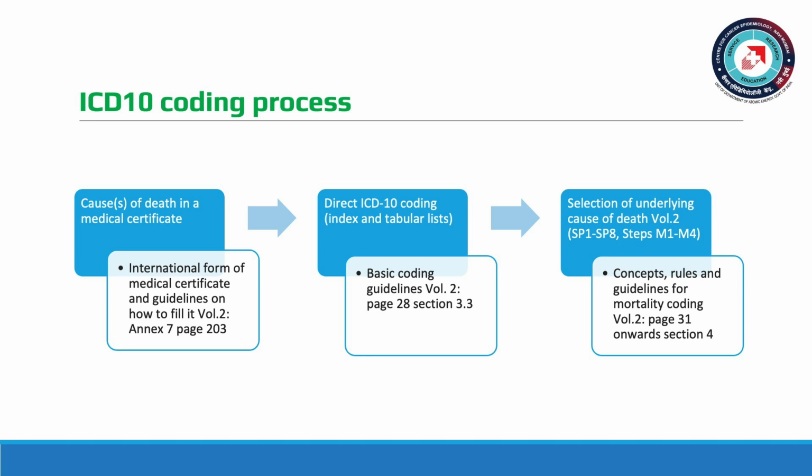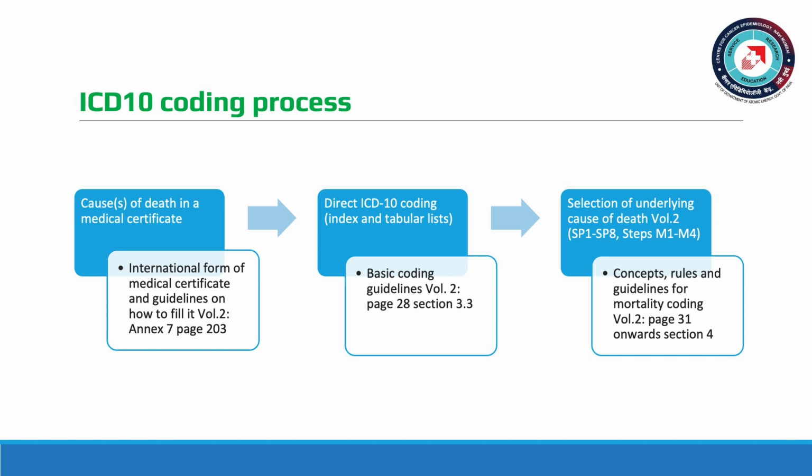To ensure consistency and accuracy, the WHO provides detailed guidelines on how to complete this form. These instructions can be found in Volume 2 of the ICD-10 manual, specifically in Annex 7 on page 203. This step is crucial as it forms the foundation for all subsequent coding.